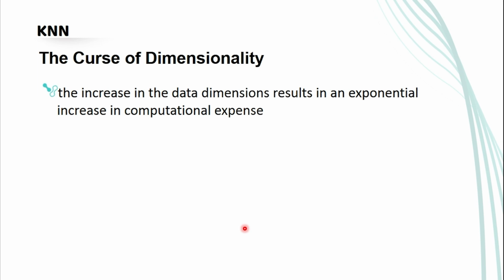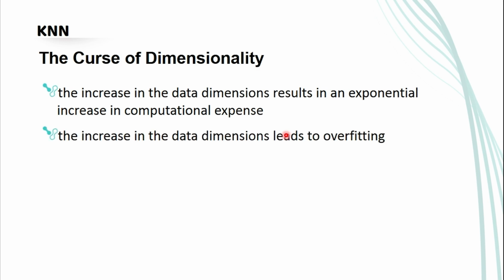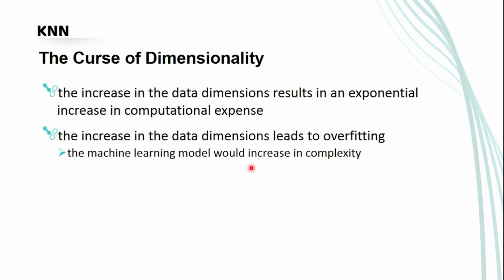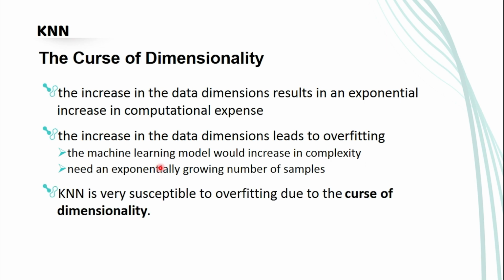The increase in the data dimension results in an exponential increase in computational expense, and it also leads to overfitting. The machine learning model increases in complexity, which leads to overfitting. As the data dimension increases, we need an exponential growth in the number of samples. So the k-nearest neighbor classifier is very susceptible to overfitting due to the curse of dimensionality.